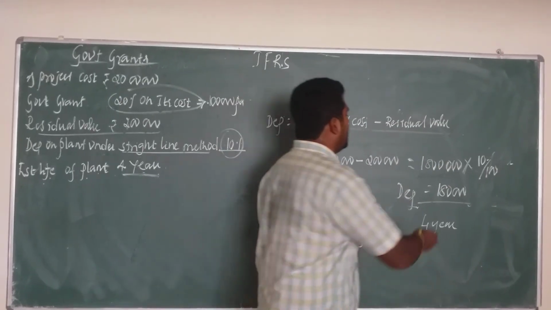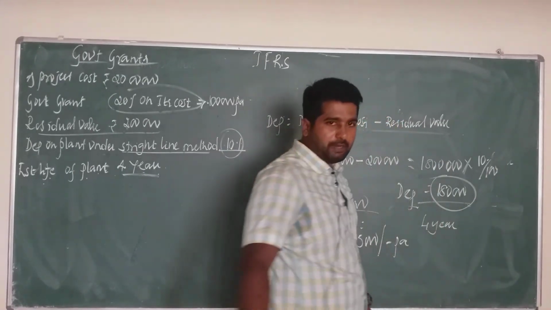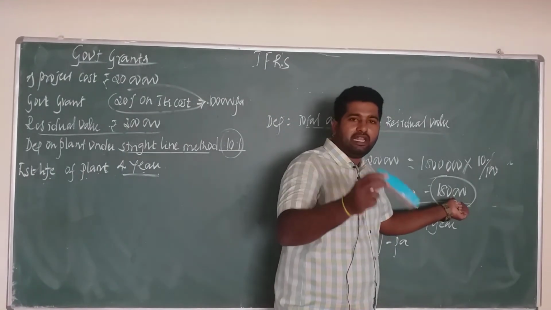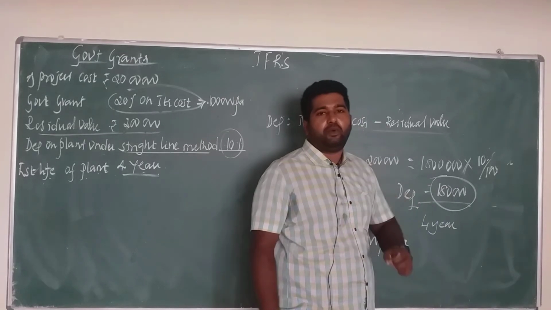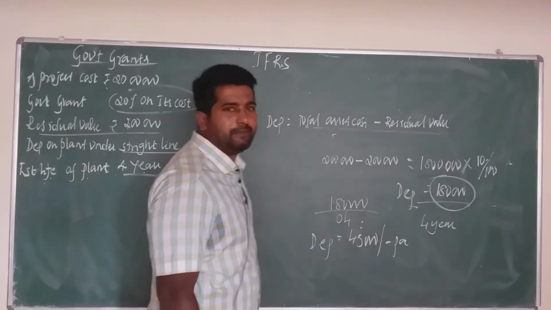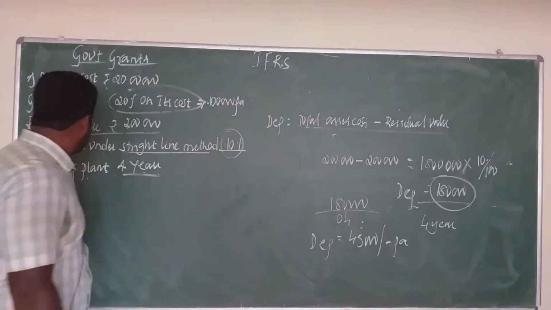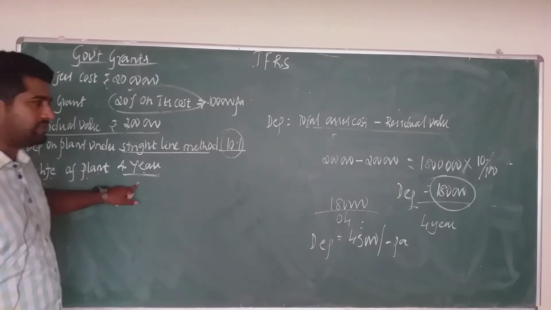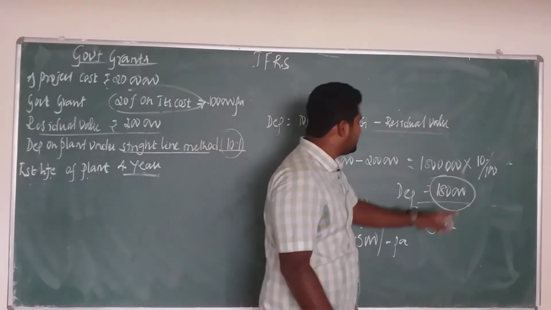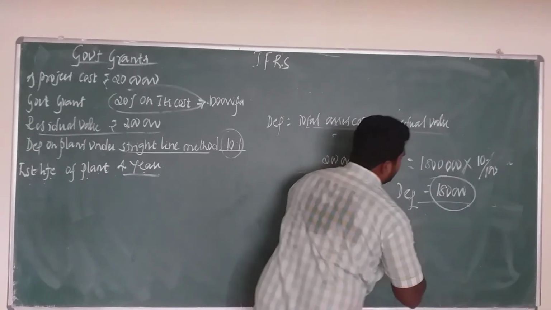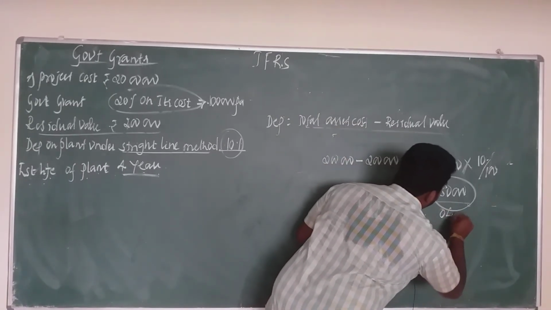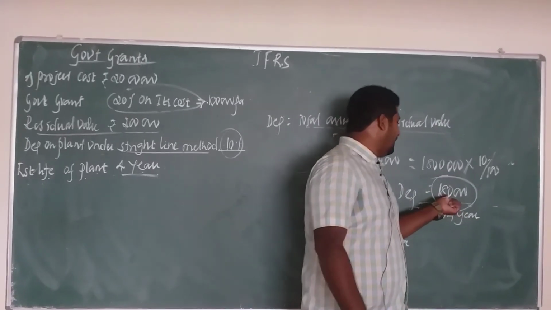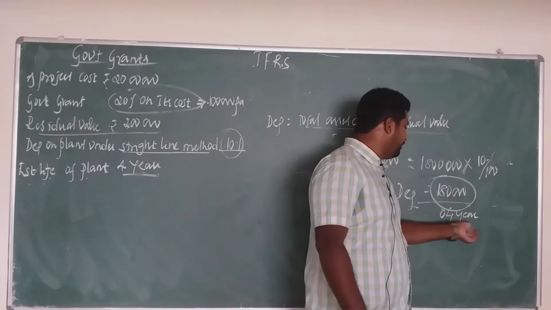Now this is the total DEP on the property. So 1,80,000 is the total value of DEP. We need to find what is each year's amount of DEP. So in that case, the estimated life of the plant is 4 years. Number of years here? 4 years. 1,80,000 divided by 4 years.